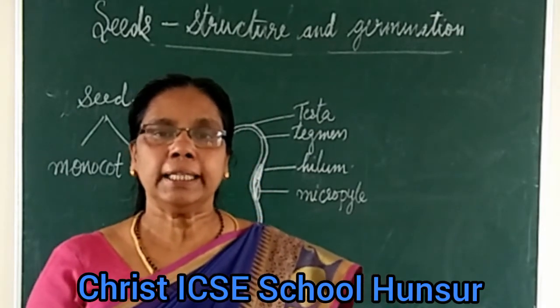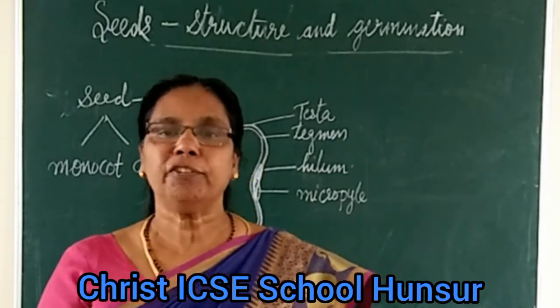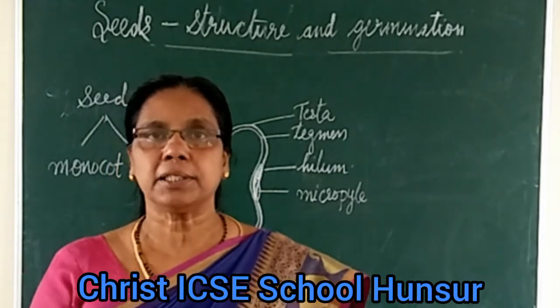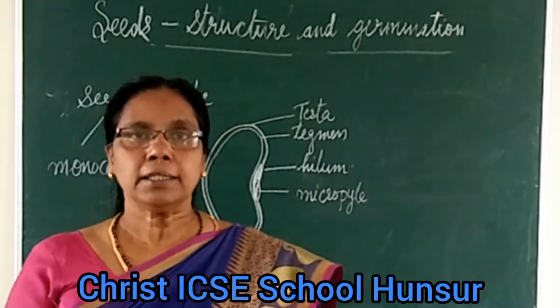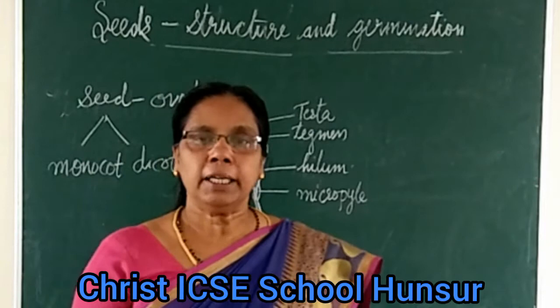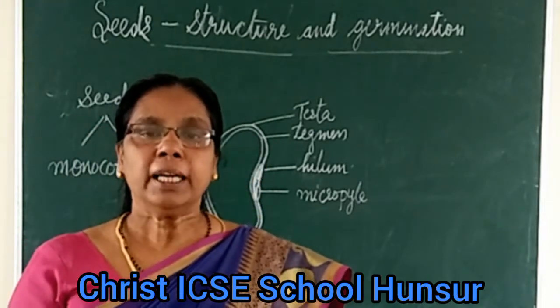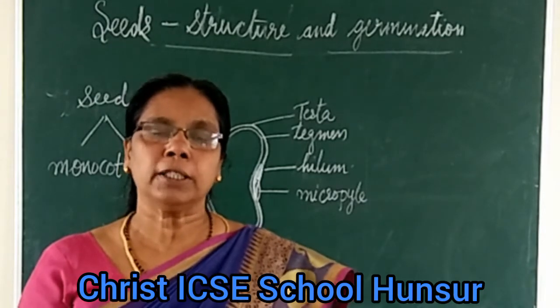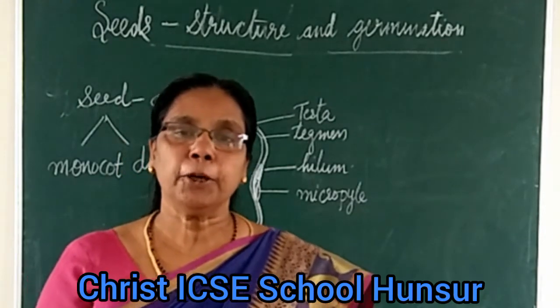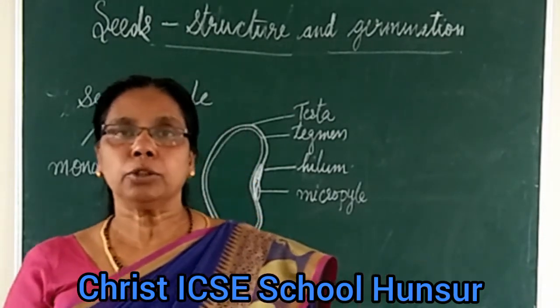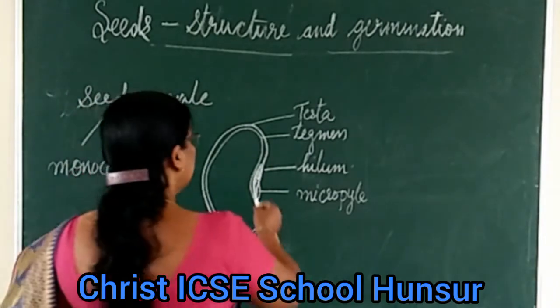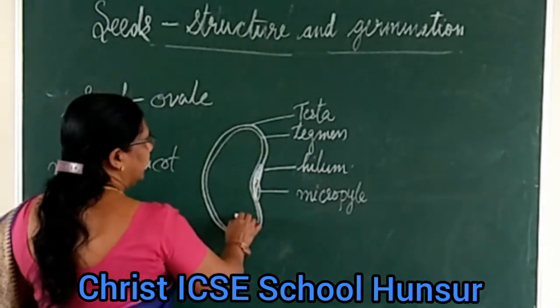Again, it provides for the diffusion of respiratory gases. Which respiratory gas? Oxygen. Yes, it provides for the diffusion of respiratory gases for the growth of the embryo. Below the seed coat there are two cotyledons in the bean seed. So these are the two cotyledons.